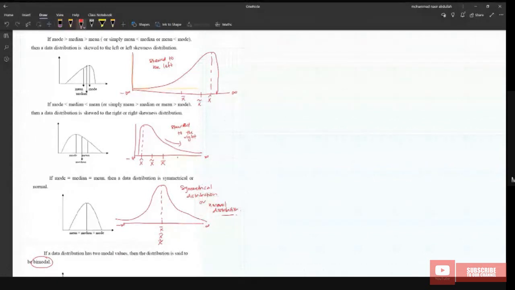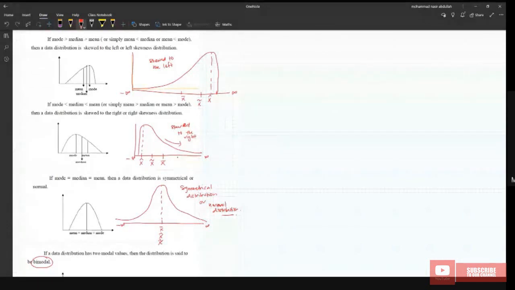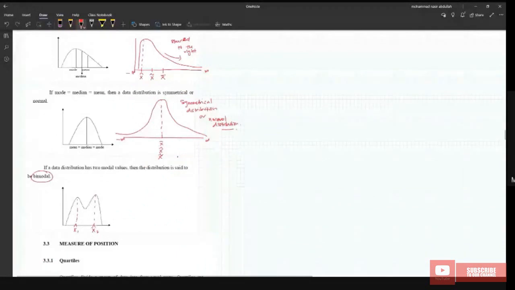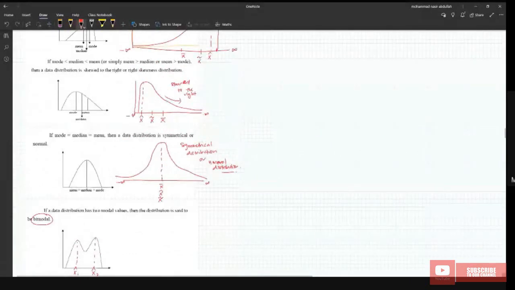If mode is equal to mean and equal to median, then we have a symmetrical distribution or normal distribution, right? If we have two modes, then it has a bimodal distribution, right? So I think that's enough for the first part in chapter number 3.